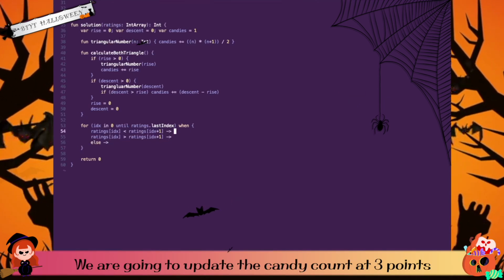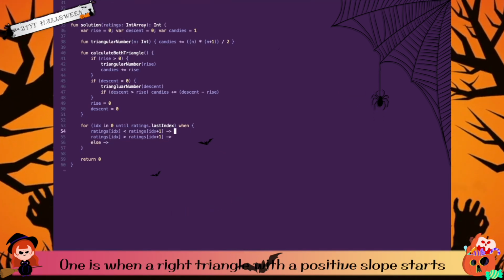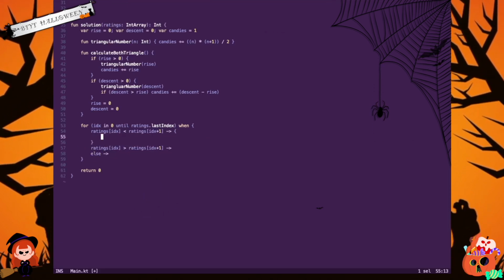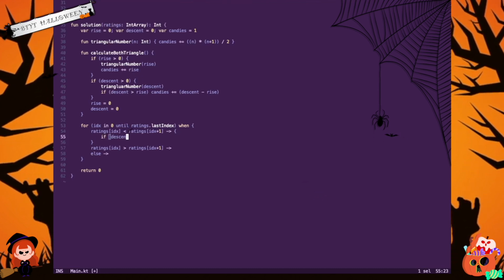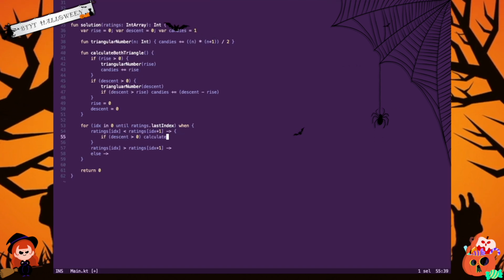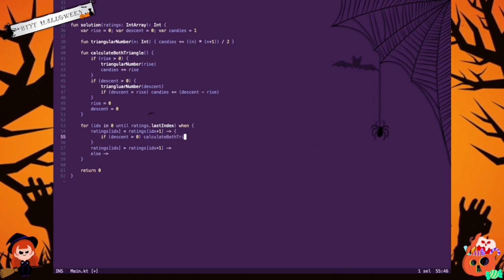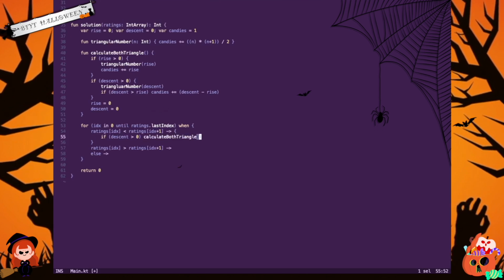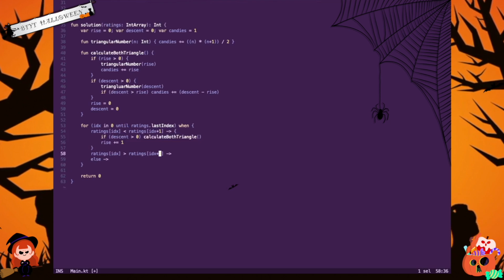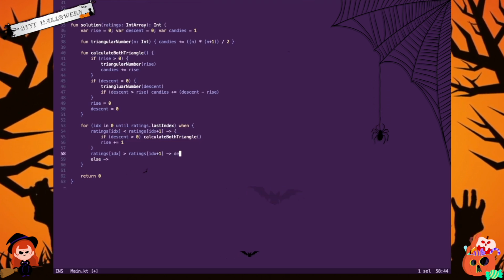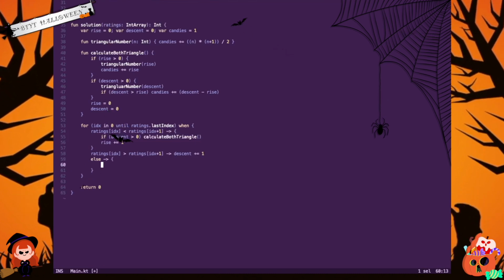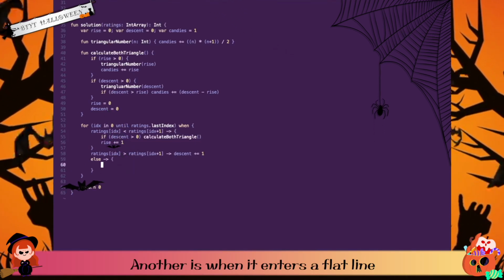We are going to update the candy count at 3 points. One is when a right triangle with a positive slope starts. Another is when it enters a flat line.